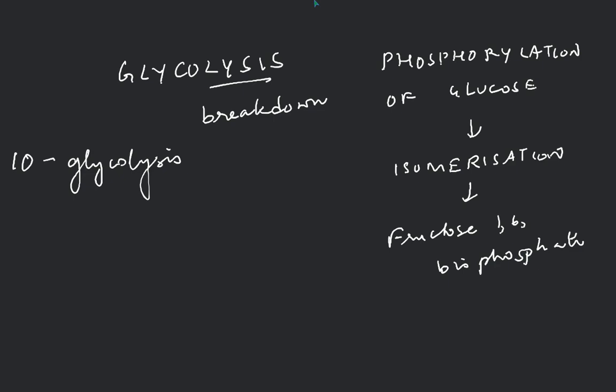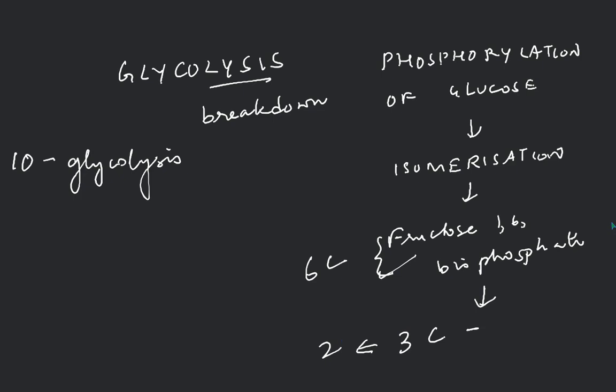The next step involves the fructose 1,6-bisphosphate, which is a 6-carbon compound, being converted into two compounds of 3 carbons each. I can write the 3-carbon compound as glyceraldehyde. Two molecules of glyceraldehyde are formed.